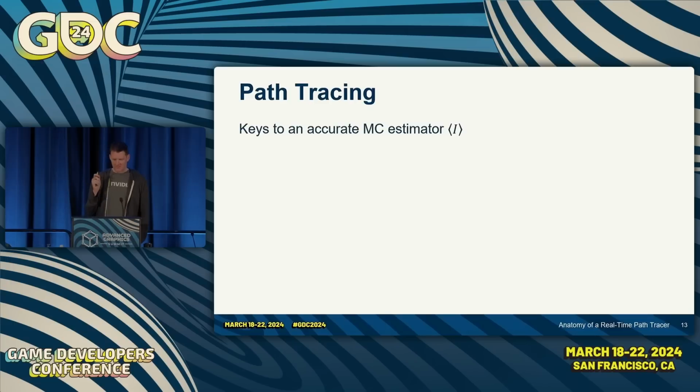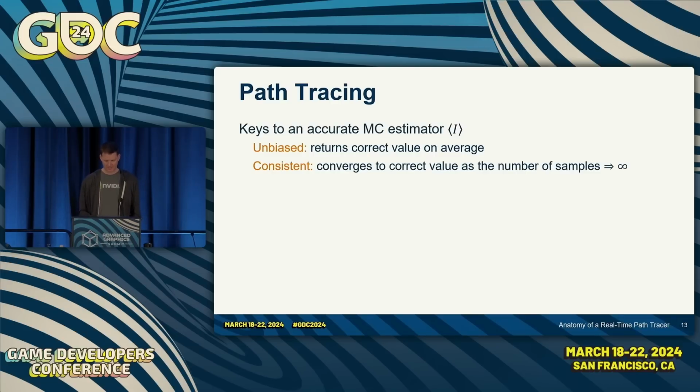Okay, so we're going to estimate the rendering equation by sampling it. Cool. But how we generate those samples is really, really important. The keys to an accurate estimator is ensuring our sampling process is both unbiased, meaning it returns the correct value on average, and consistent, meaning the estimator converges to the correct value as the number of samples goes to infinity.